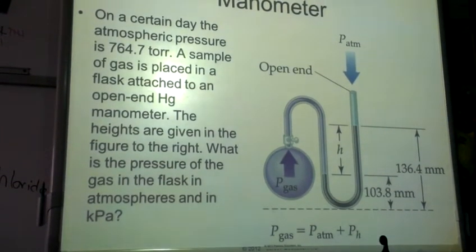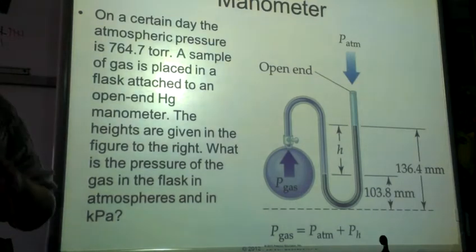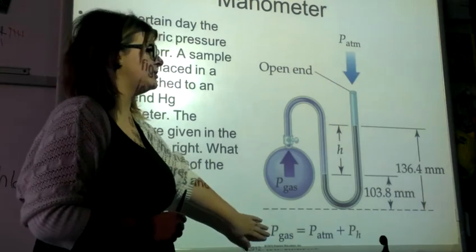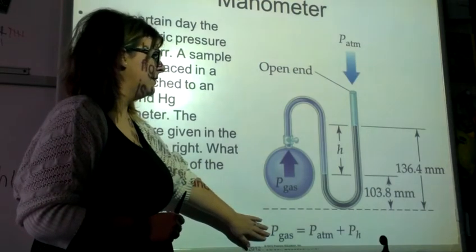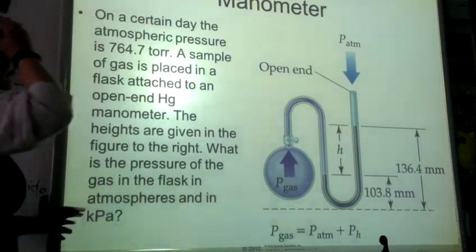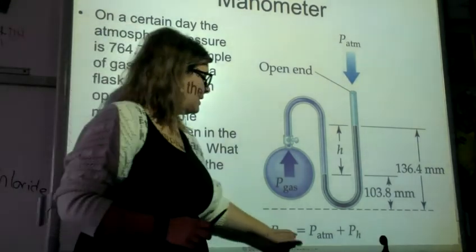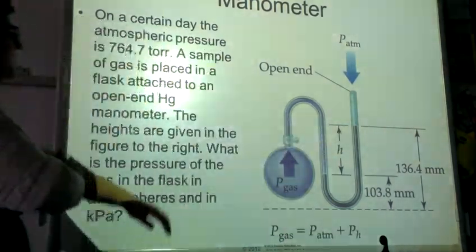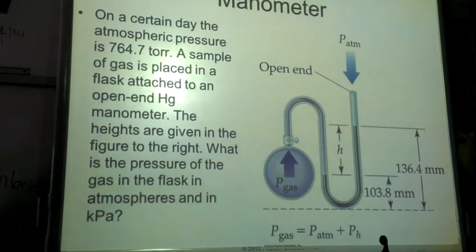Okay, there we go. So I don't think we could see all of that. So I'm going to use that formula that we just looked at, which is the pressure of the gas is equal to the atmospheric pressure plus the pressure specifically with that liquid mercury.